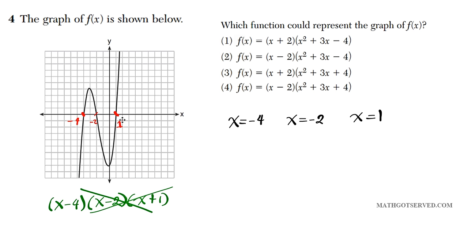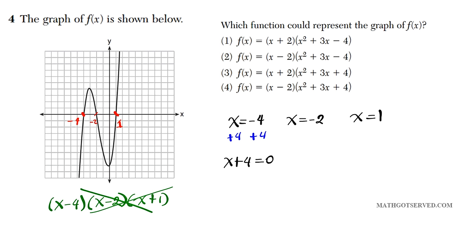So we are working backwards. Okay, how do we work backwards? You set your variable equal to these roots, and then you're going to set each and every one of them equal to 0. Okay, in the first case, we add 4 to both sides to get it equal to 0. So we have x plus 4 equals 0.